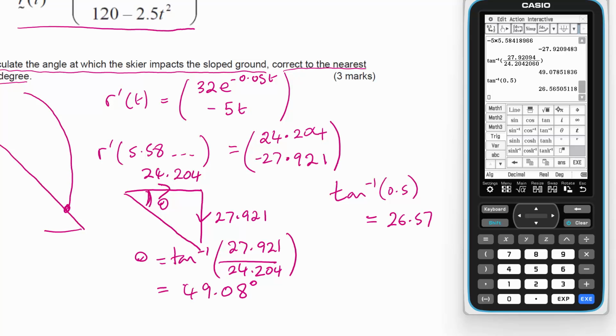And the angle that we want, so our final angle, is going to be this angle take away the angle of the slope, giving us 22.5 degrees, correct to the 1 decimal place required.